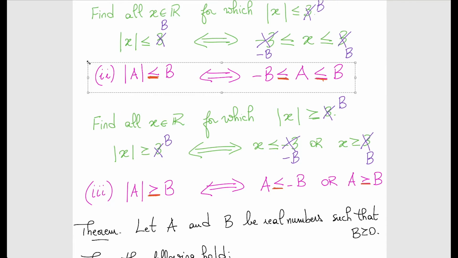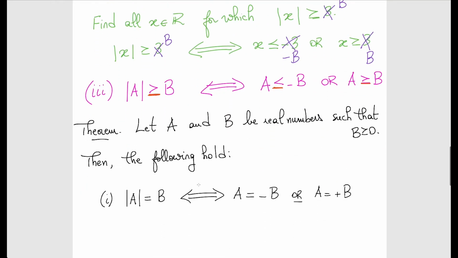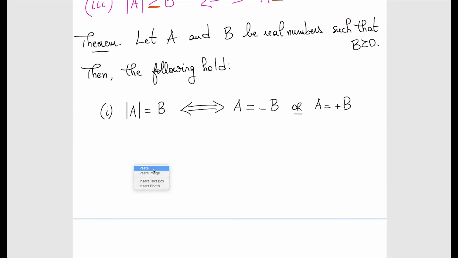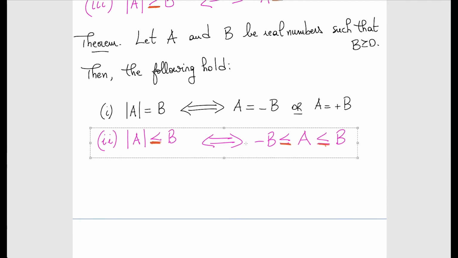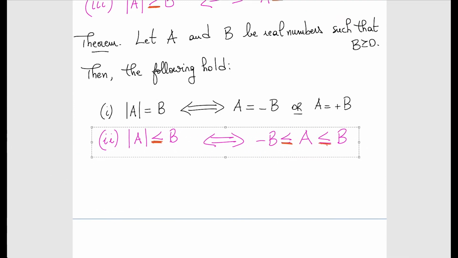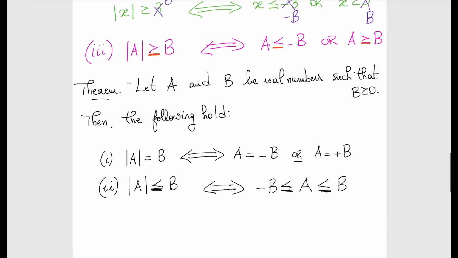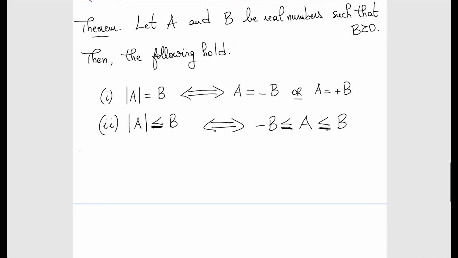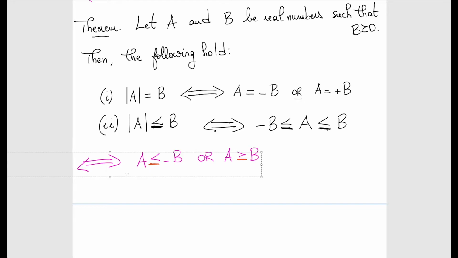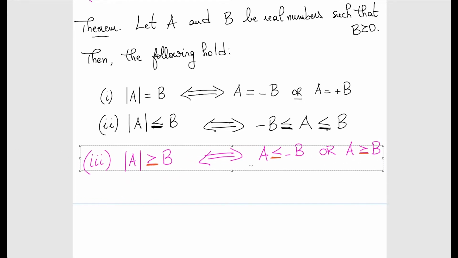Okay. So this would be property 2. Let's also keep it in black. And property 3 is this result, and let's also write it in black.